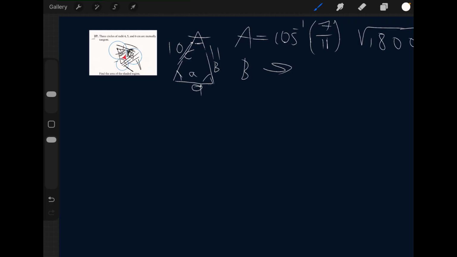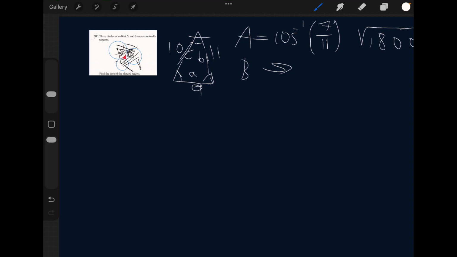Okay, so B squared, and then we'll have the side B right here, and we need to erase this B because that's not left.